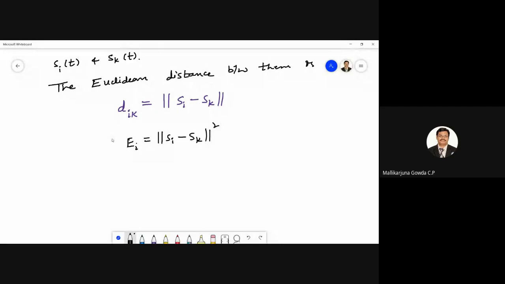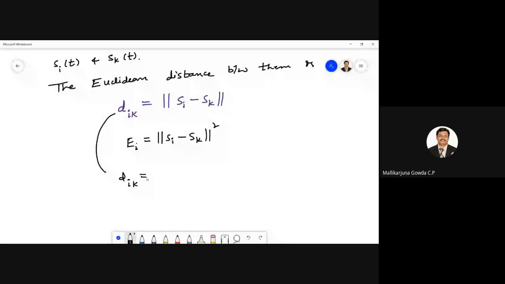And I know what Si and Sk can be written as. So I can substitute here to say what the Euclidean distance between the two vectors, this dik, will be equal to.